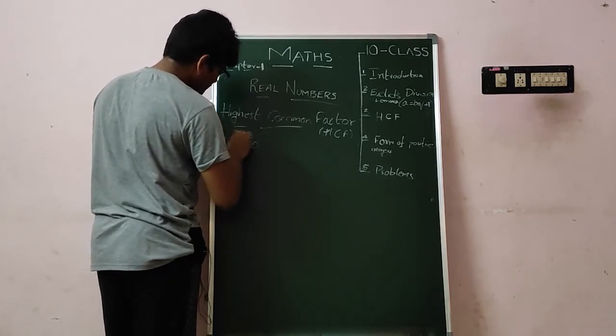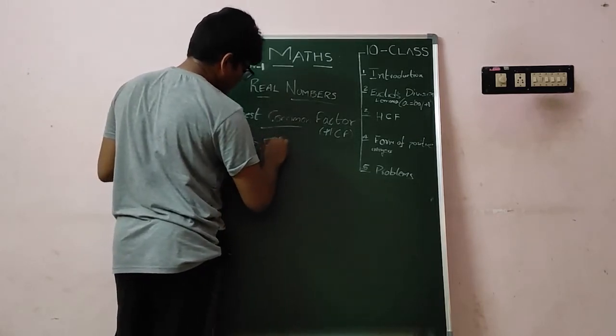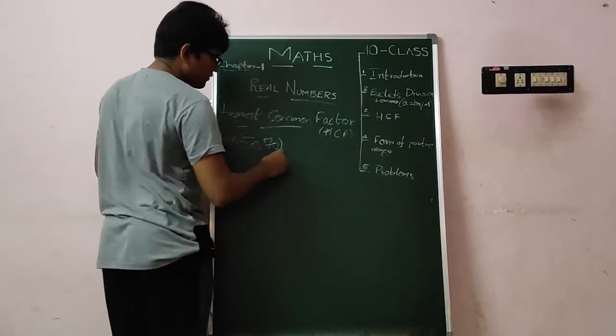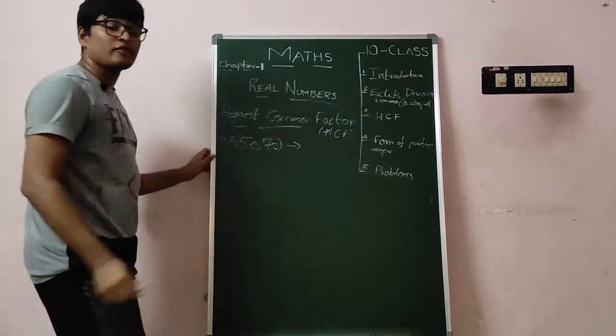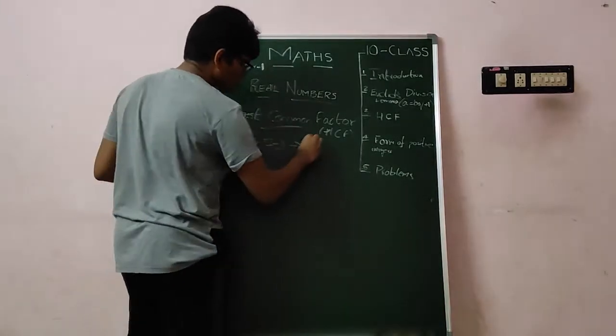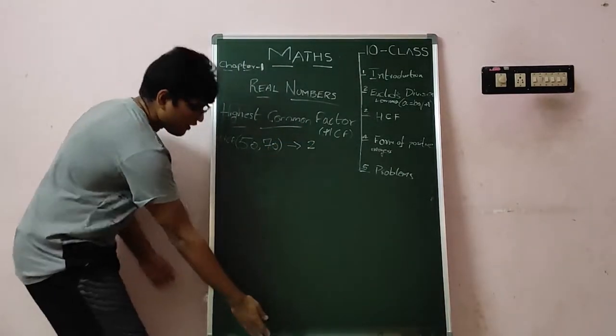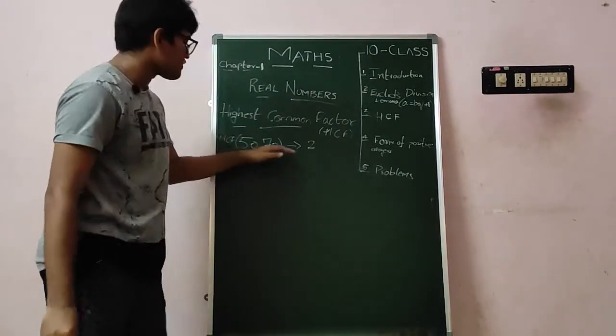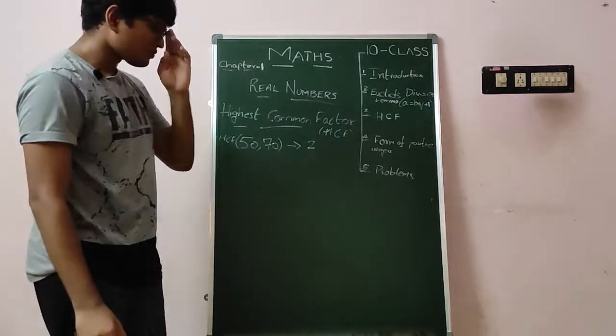We have done this sum in the first video, students. This is our second class. HCF of 50 and 70 is 10. And we need to get this answer by the end of the process.